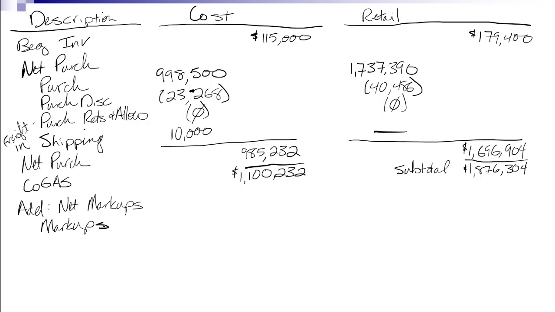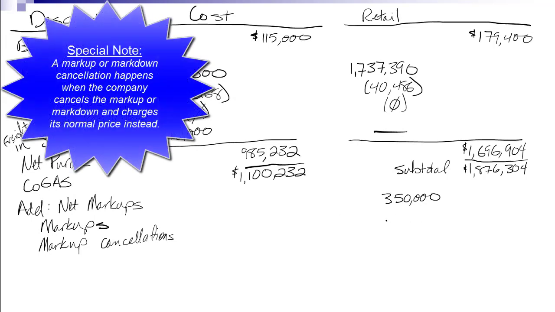And I had markups this period of 350,000. And then I had what we call markup cancellations. And that's where I tried to raise the price and people wouldn't pay it, so I ended up canceling them out.